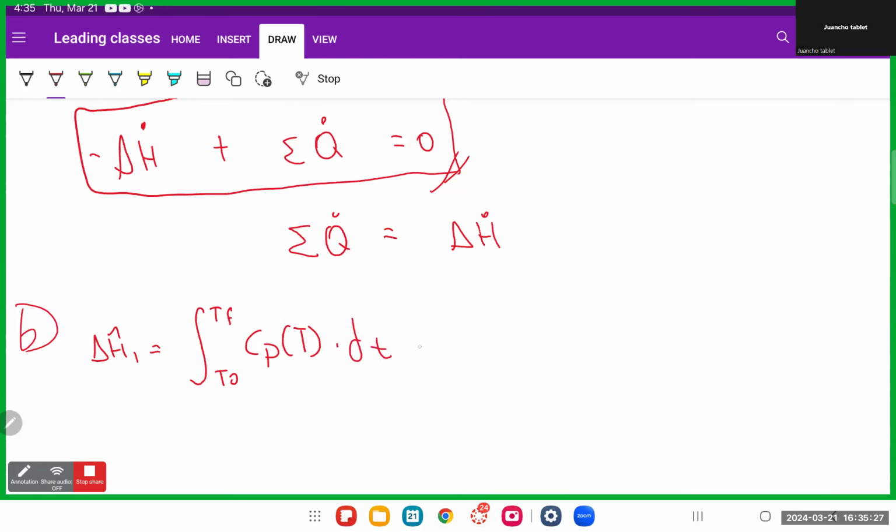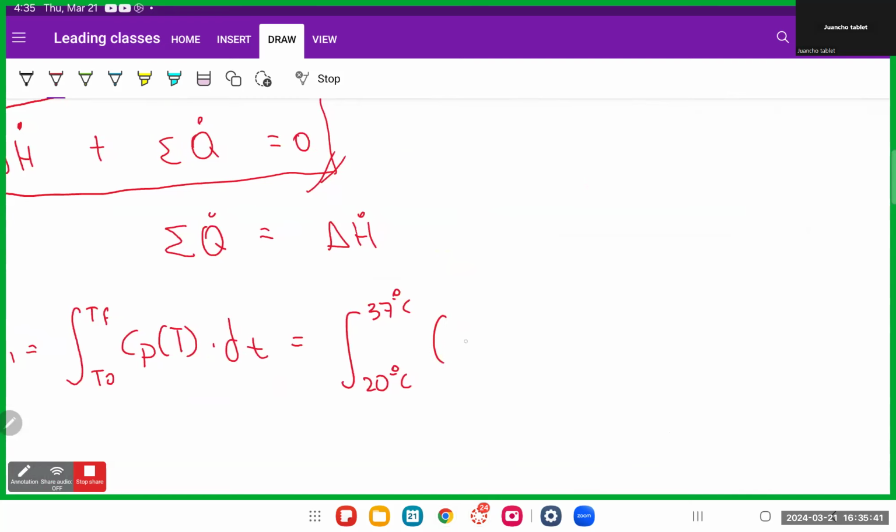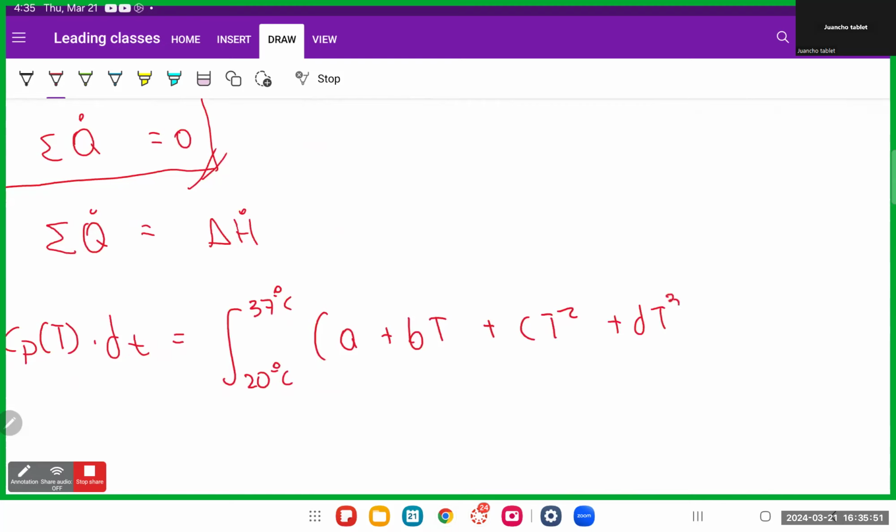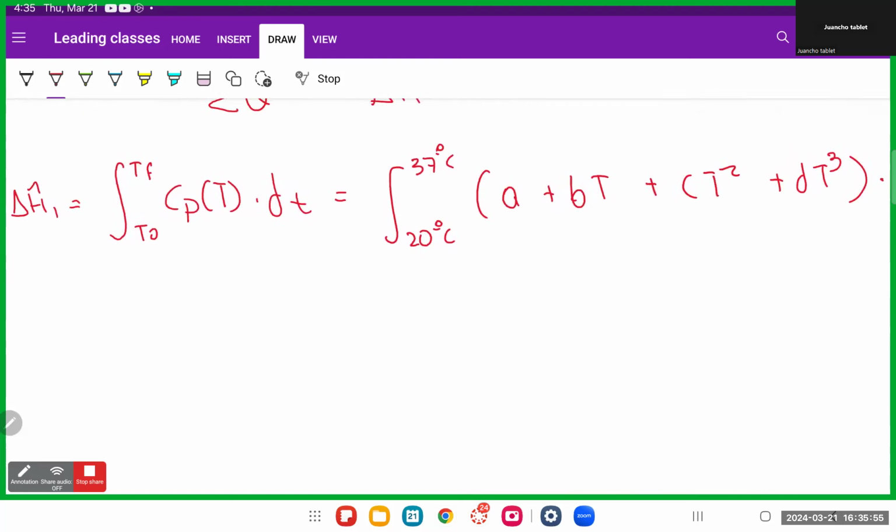Well, yeah. So this is going to be equal to the integral from our initial temperature, which is 20, to our final temperature, 37, of our polynomial, which we know is A plus B times temperature plus C times temperature squared plus D times temperature cubed, dT. And these coefficients A, B, C, and D are coefficients that you're going to be given in the exam.